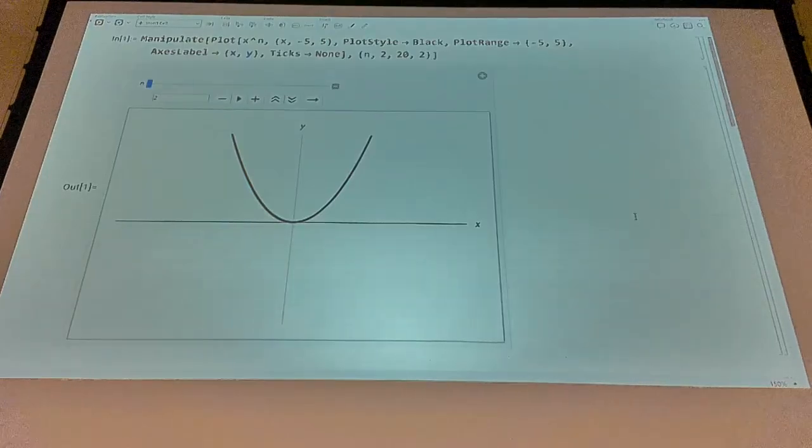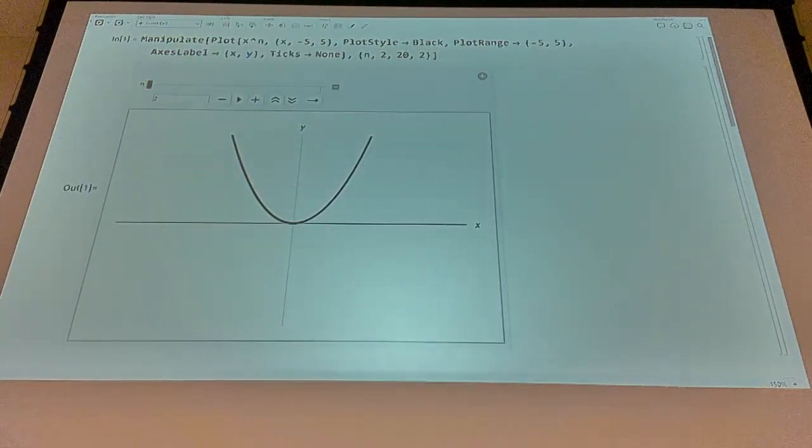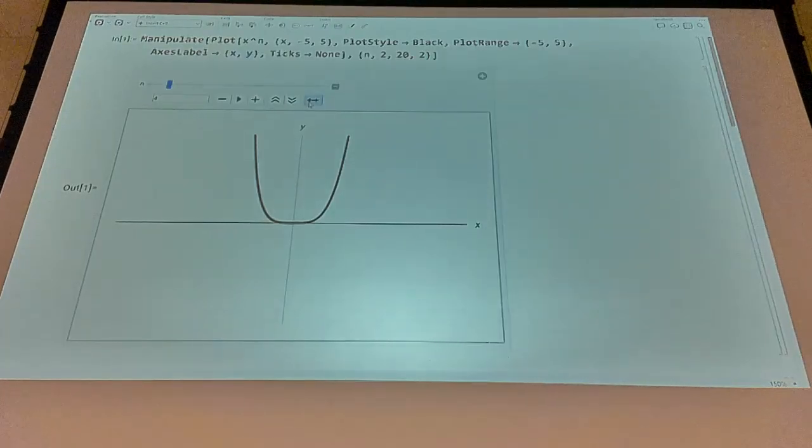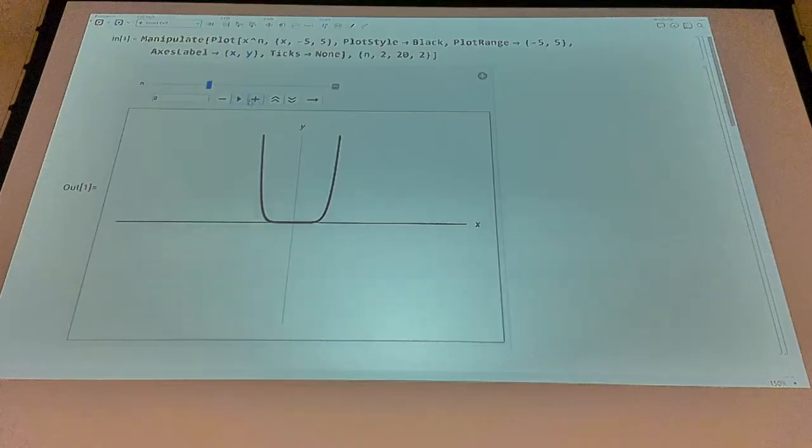What you see right now is x squared. There's x to the fourth, x to the sixth, eighth, so on and so forth.